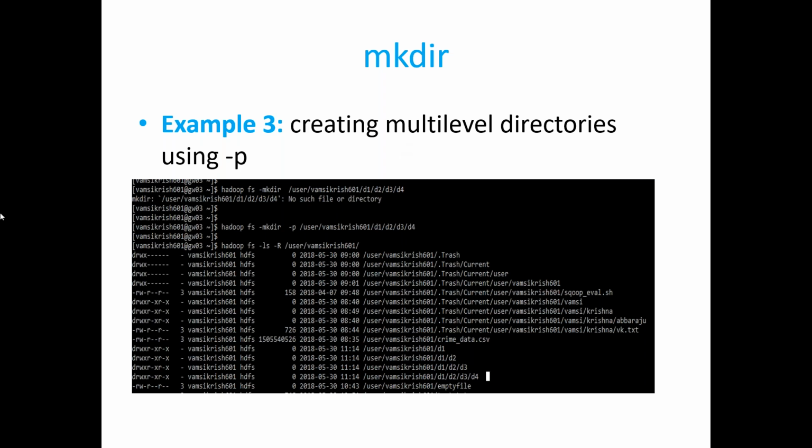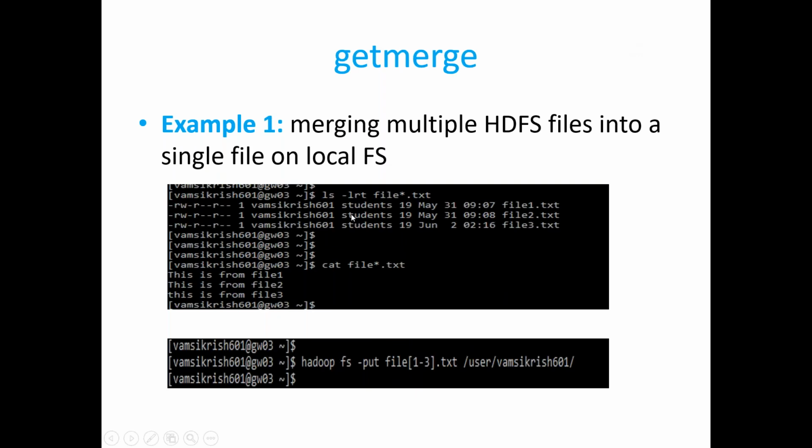So I want to talk about getmerge. Look at the name carefully, getmerge. That is, we want to get multiple files from Hadoop to Linux and club them. There is one question in the chat box: what is the need for Linux? As a big data developer, you have to work on big data clusters.